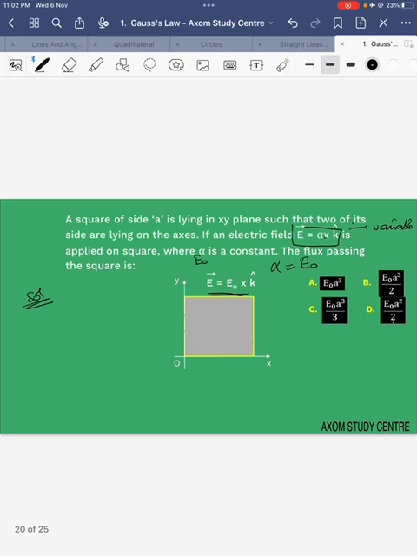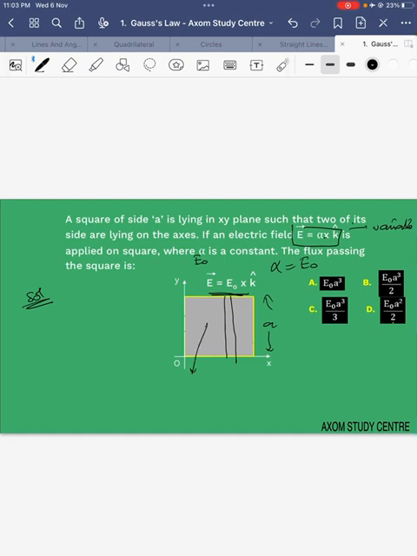Here the side of the square is a. If you want to calculate this, you see the electric field is along the k direction, and the area vector is also along the k direction.